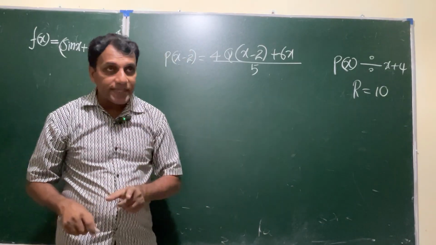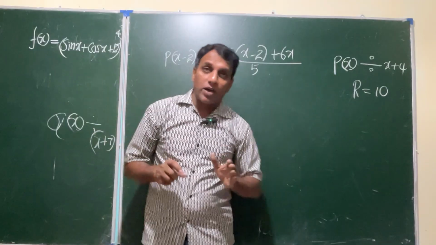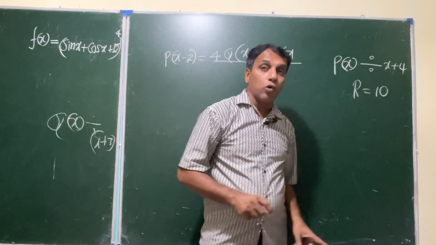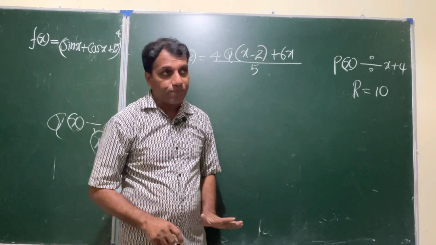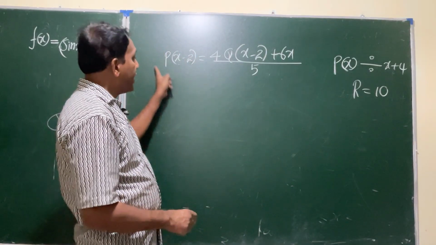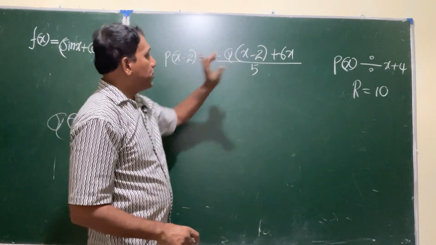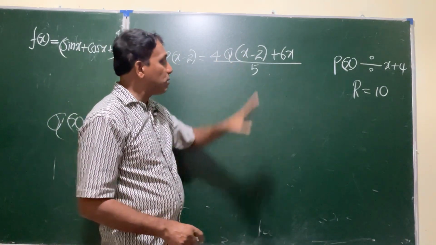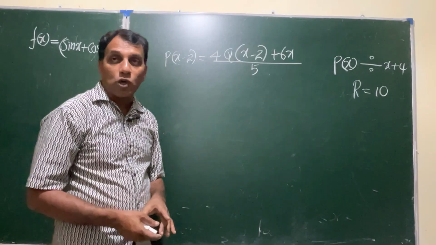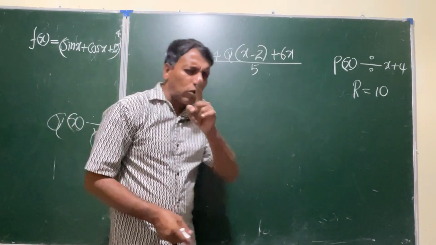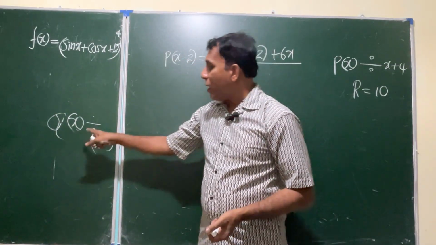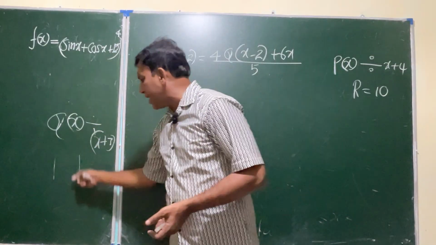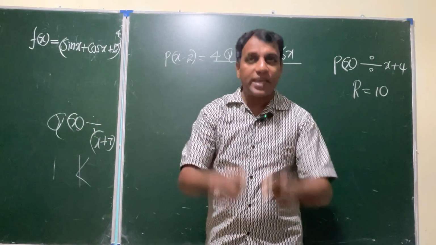To revise once again: p(x) divided by x plus 4 has remainder 10, and p of x minus 2 is 4 into q of x minus 2 plus 6x over 5. Find the remainder when q(x) is divided by x plus 3. I can take the remainder as k, and find the k value.